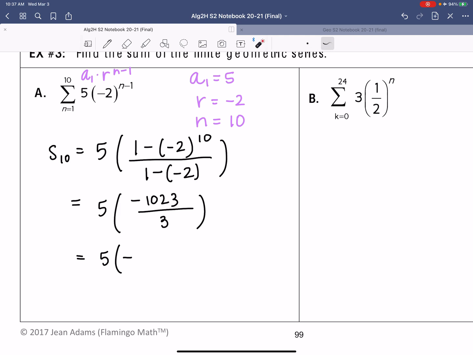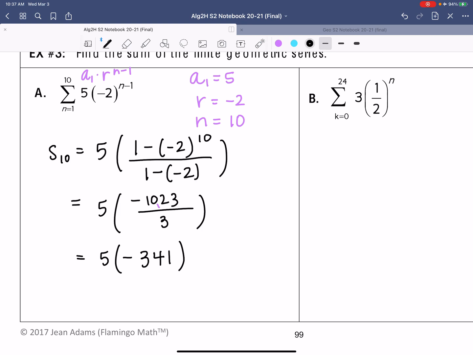This is how I do it. 3 goes into 1, can't. 3 goes into 10 how many times? So 3 goes into 10 3 times with a remainder of 1. So then I put a 1 right here. Then I go 3 goes into 12 how many times? So that's 4 times with a remainder of 0. And then 3 goes into 3 1 time.